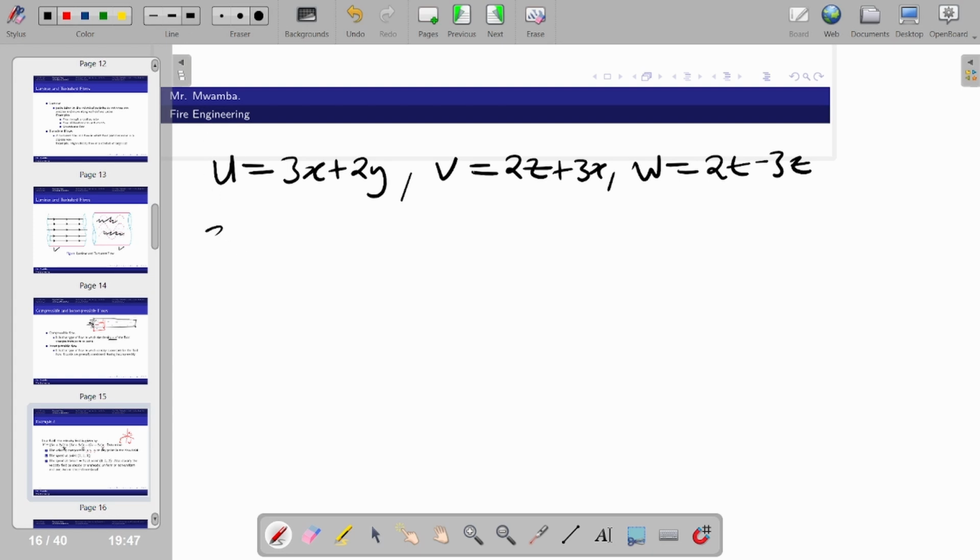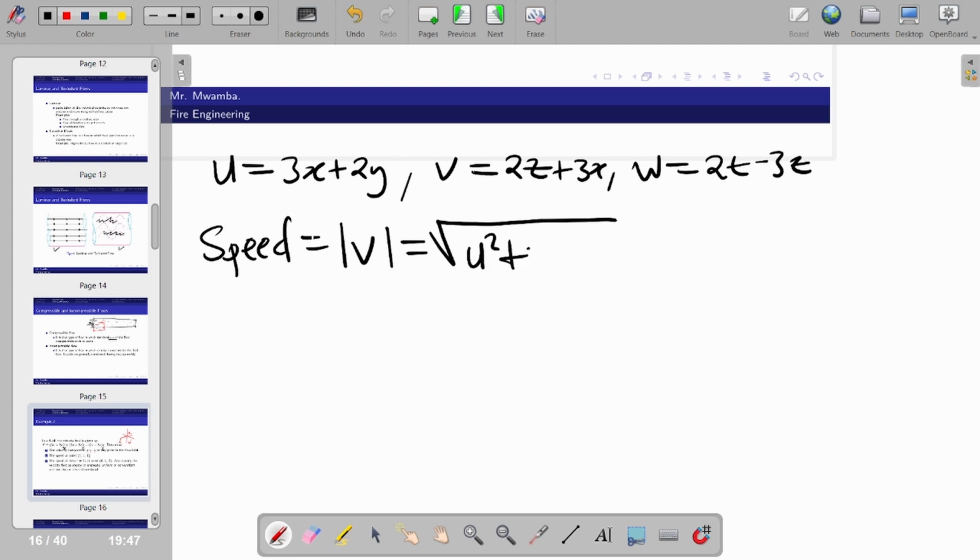So speed is the resultant velocity, which we said should be given by the square root of the sum of the squares of these velocity components. That's what we said.